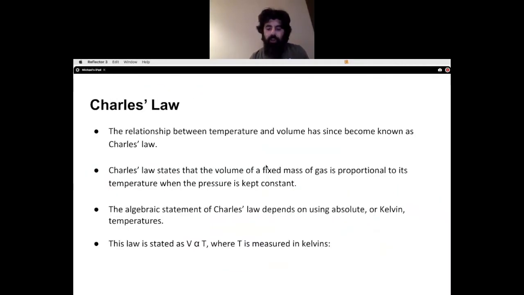So Charles' law saw the following relationship: volume is directly proportional to temperature if the pressure is kept constant. Charles' law looks at volume and temperature, with pressure remaining constant. Now notice, this is a direct proportionality. What does this mean?